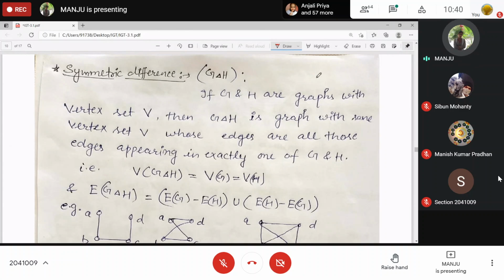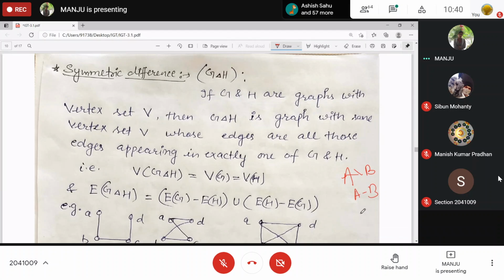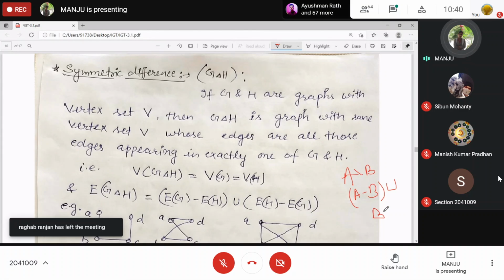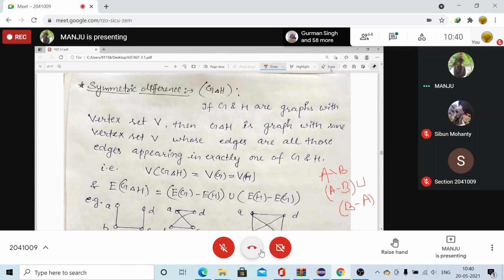For any two sets A and B, you represent the difference by A minus B, all those points which are present in A but not present in B. But if you take all those points present in A but not in B, union with all those points present in B only and not in A, that will be your symmetric difference. Got it? And just apply it on the graph. Same thing. Clear?